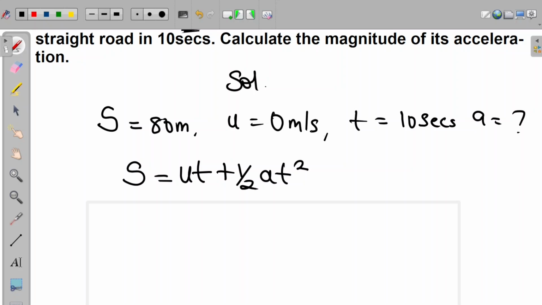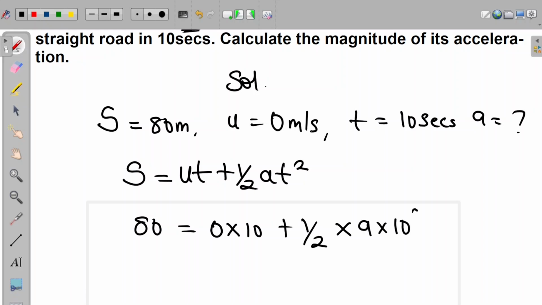So we have that 80 equal to 0 times 10 plus 1 divided by 2 multiplied by acceleration times 10 squared. So here we go. So we're left with 80 equal to 1 divided by 2 multiplied by a times 100.